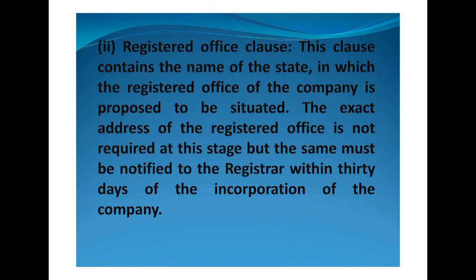There is no necessity to give the exact address of the company at the time of incorporation, but the exact address has to be specified to the registrar of the company within 30 days of incorporation of the company, which is very important.